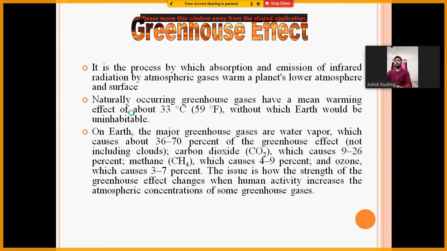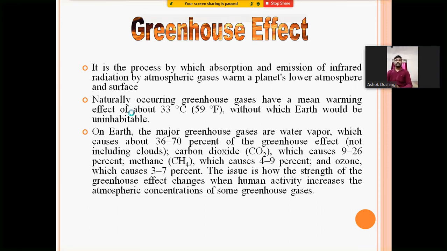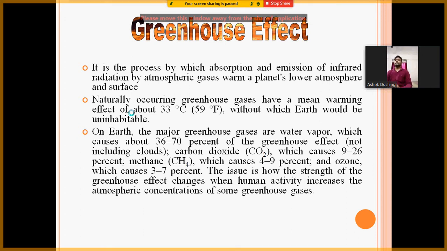On Earth, the major greenhouse gases are water vapor, which causes about 36 to 70% of the greenhouse effect, then carbon dioxide, which causes 9 to 26%, methane, which causes 4 to 9%, and ozone, which causes 3 to 7%. The issue is how the strength of the greenhouse effect changes.